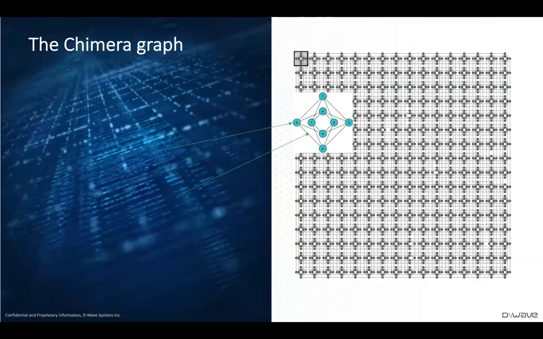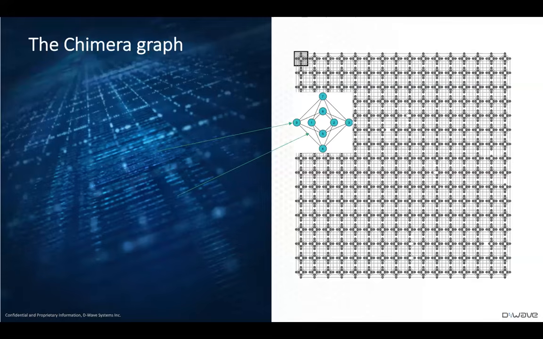Each unit cell, drawn here by the little green arrows, has 8 qubits in it, and largely this is due to the wiring that's possible on the chip. The ones that you can see there, like 0 and 7, for example, are connected by a coupler. There's some circuitry in there that makes that possible.